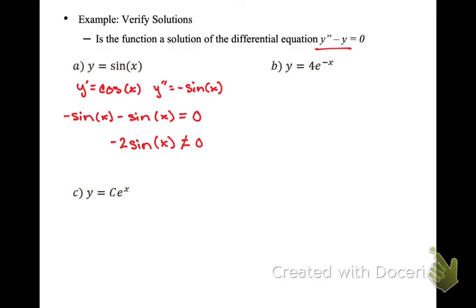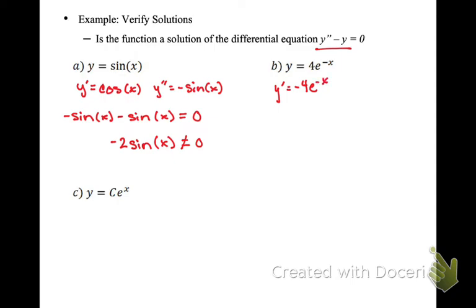So y equals 4 e to the x. So y prime, sorry, I was too busy. That's okay. Y prime would be negative 4, it'd be negative 4 e to the negative x.